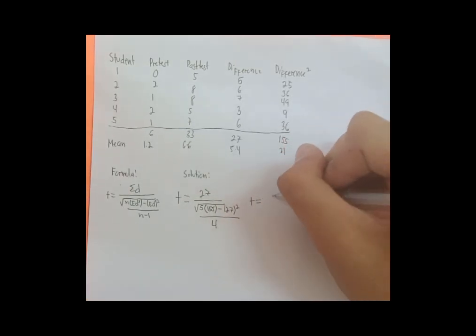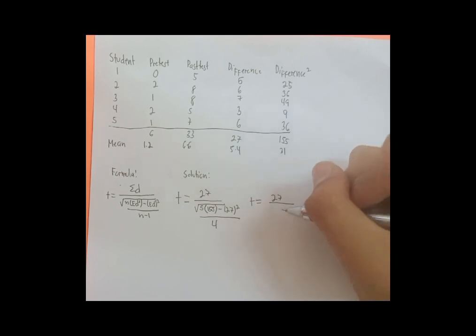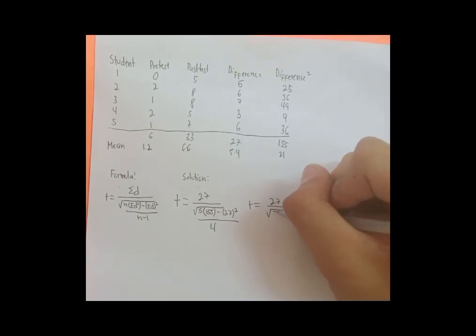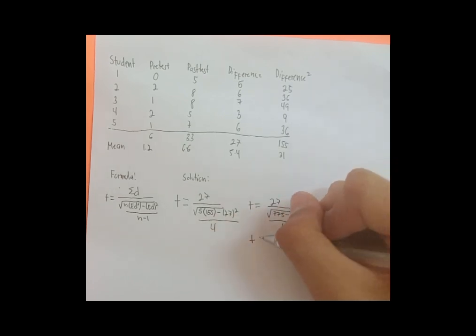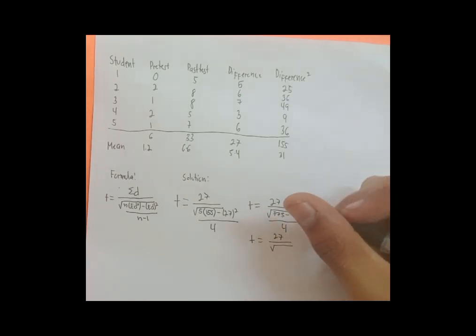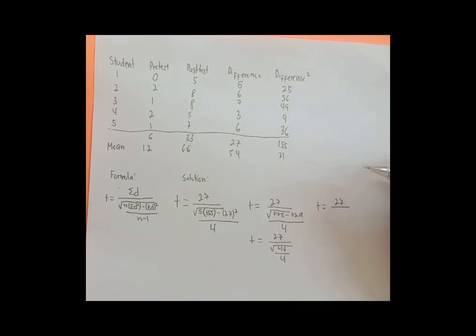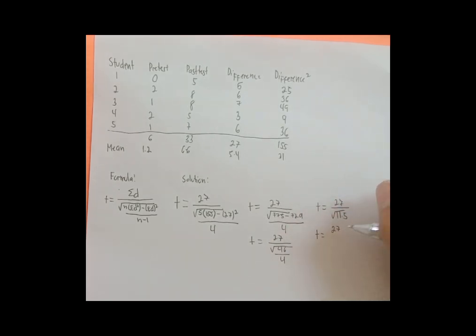So t equals 27 over square root 775, 29, 27 over square root 46 over 4. t equals 27 over square root 1.5. t equals 27 over 3.39.